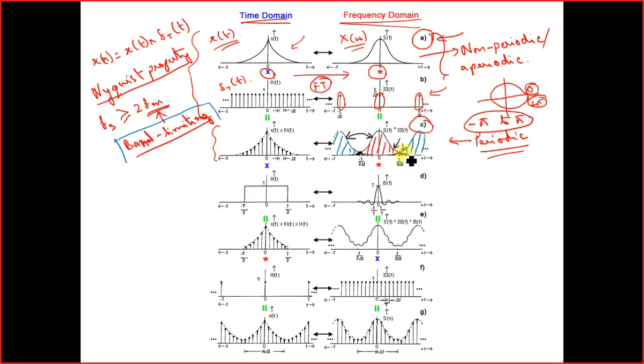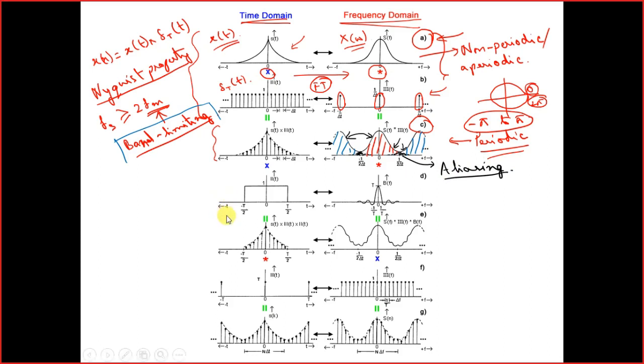Due to this mingling, we will have a distorted signal, and that is detrimental to the signal reconstruction. This intermingling of the low frequency component with the high frequency component is called aliasing.